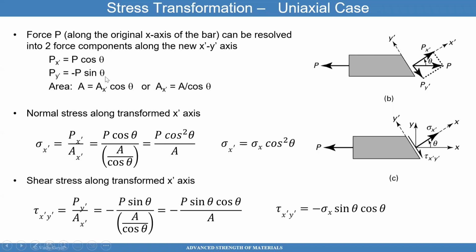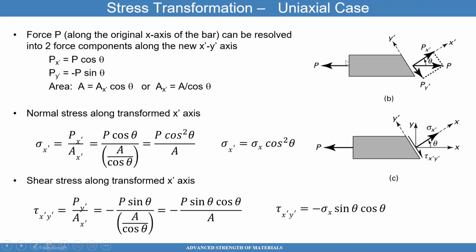Now, I will look then at the area A x prime, this cross-sectional area here, which is really the area A divided by cosine theta. I'll let you do the math at home to show that.